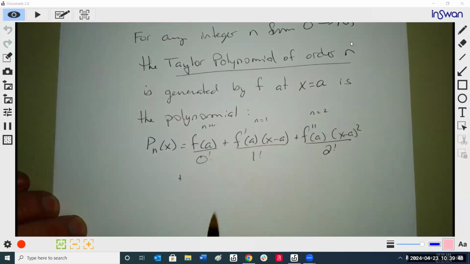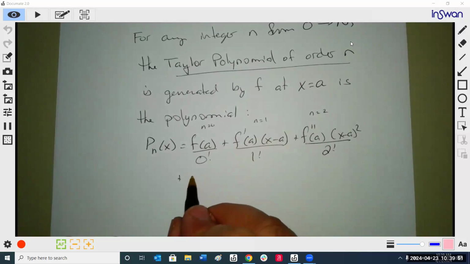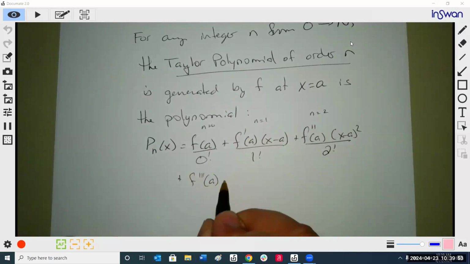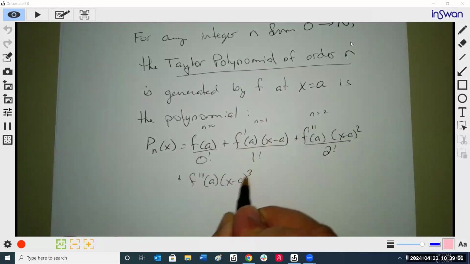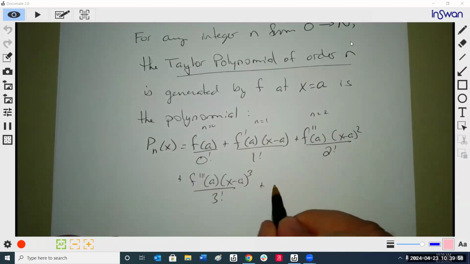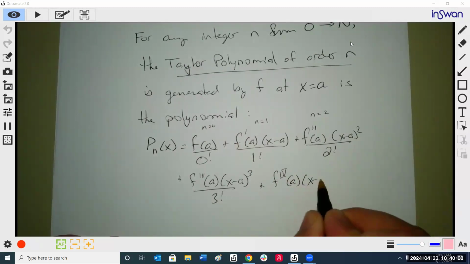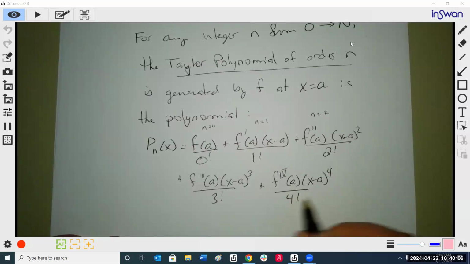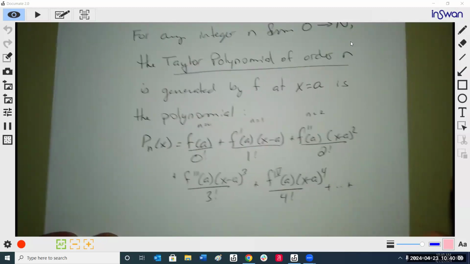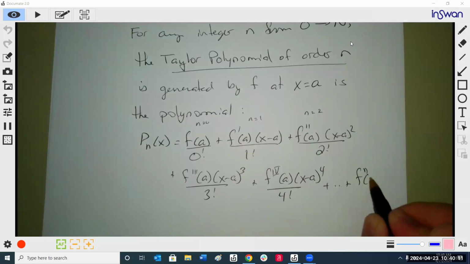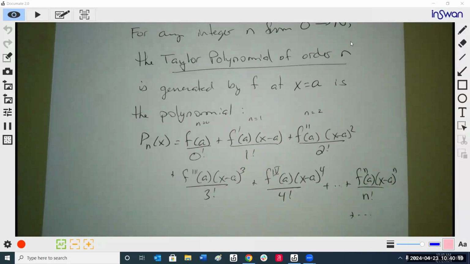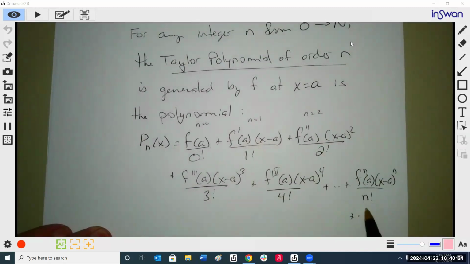This is over 0 factorial. So f of a, plus the third derivative times (x minus a) to the power 3 over 3 factorial, the fourth derivative of a times (x minus a) to the fourth over 4 factorial, and so on, f of n of a times (x minus a) to the power n over n factorial. Order n, so it stops there.